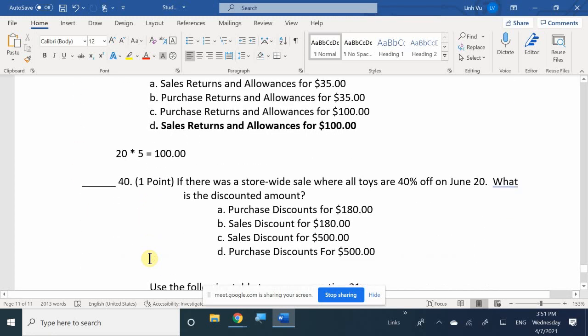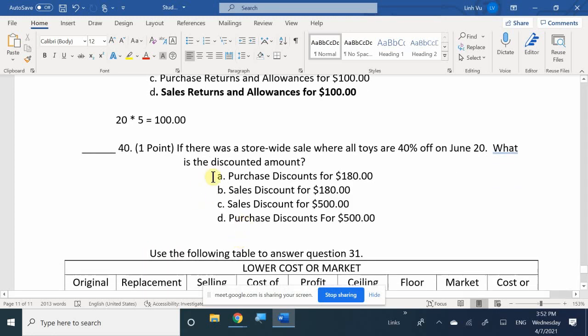Excellent. Question number 40: if there was a store-wide sale where all toys are 40% off on June 20th, what is the discounted amount? C, sales discount for $500. So let's take a look.